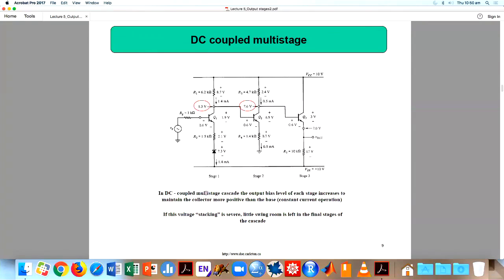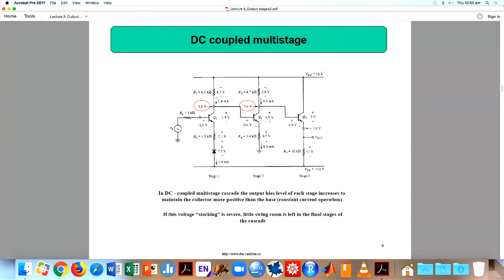So in a DC coupled multi-stage cascade, the output bias level of each stage increases to maintain the collector more positive than the base. If this voltage stacking is severe, little swing room is left in the final stages of the cascade. When you have 3-4 stages, this voltage will become maybe 8 volt, but your supply is 10 volt. Then it will affect your voltage swing.